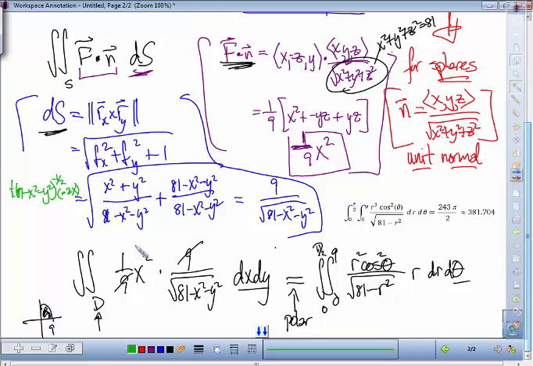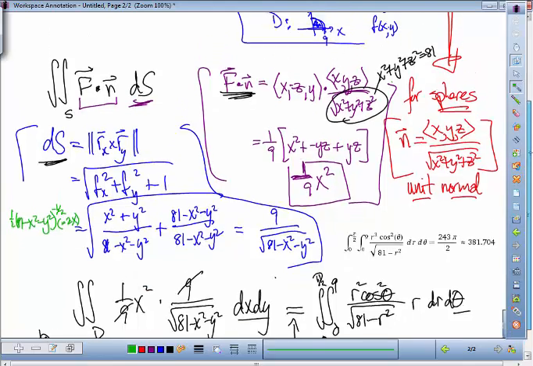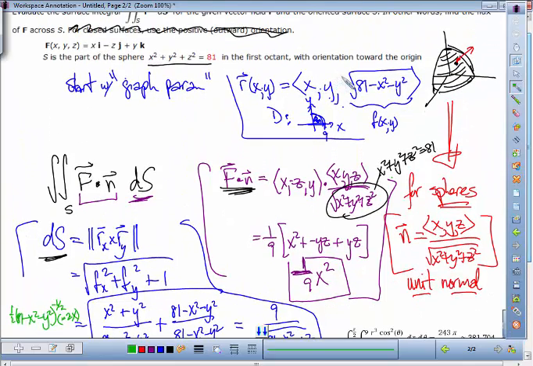I think this is right. Oh, towards the origin. So I have my orientation going outward. Towards the origin is going inward. So this is not OPP. This is ORP. I'll put that in red.